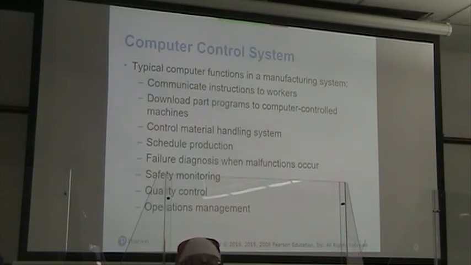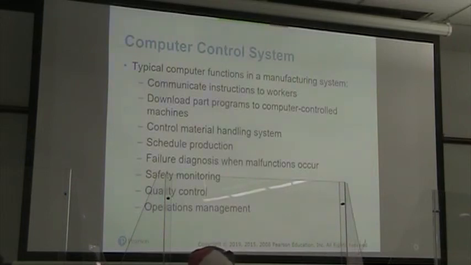So those functions that they have in a manufacturing system communicate instructions to workers, download the part programs to computer-controlled machines, control material handling system, schedule the production, diagnose our failures when we do have malfunctions, keep up with safety monitoring, quality control, and other operations management.